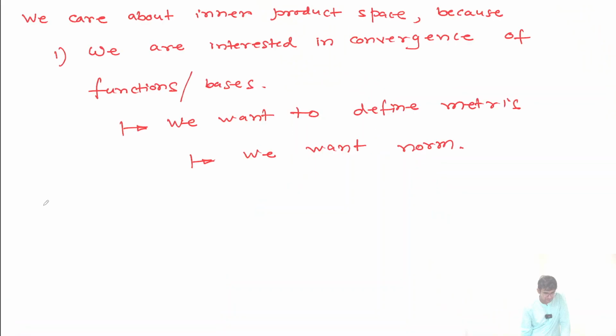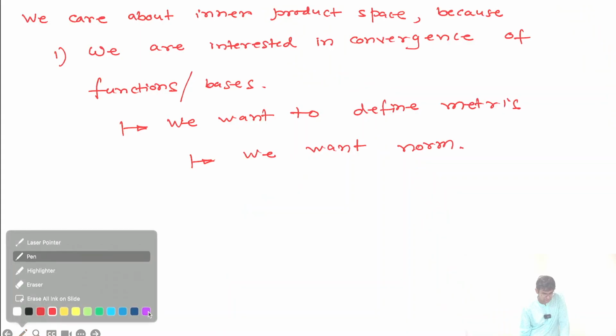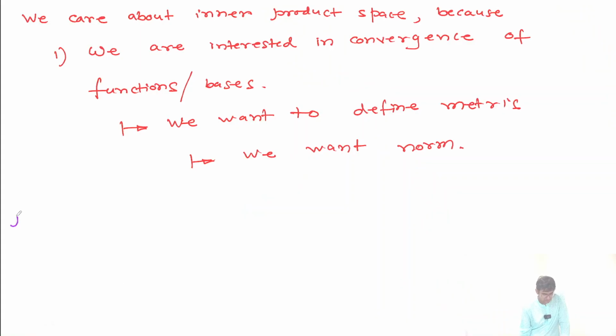Okay. So what have we defined till now? We have defined square integrable function and we have defined the inner product. The next thing we will define is norm. Again, I am not writing it, but it is the norm of square integrable functions.